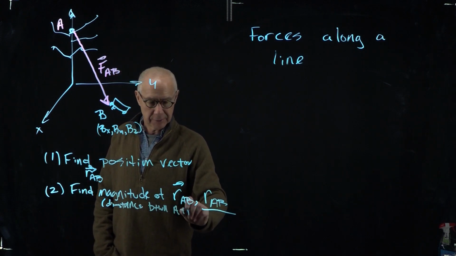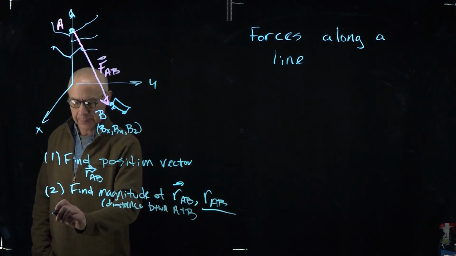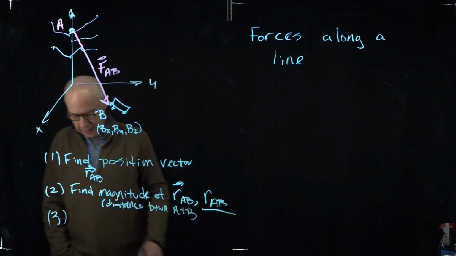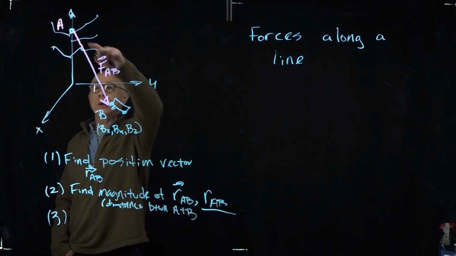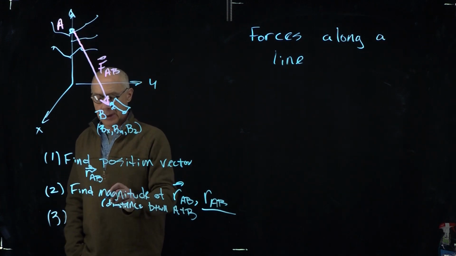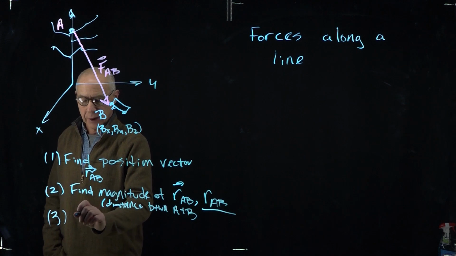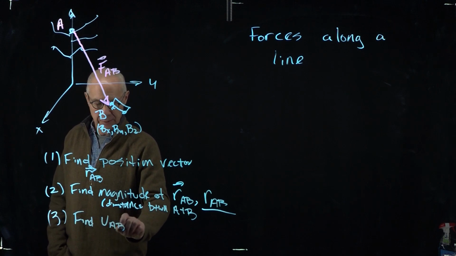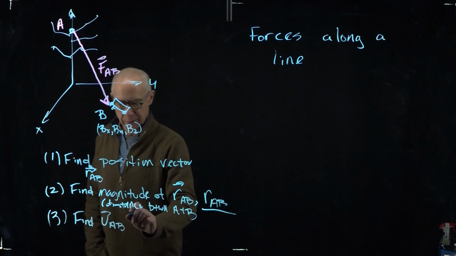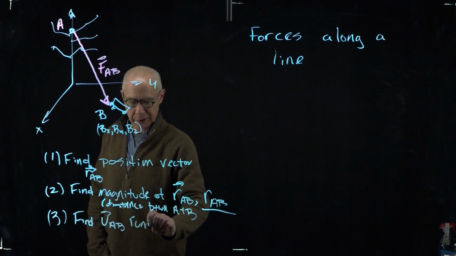All right, third step in our process is to determine a unit vector in the direction from A to B. So we're going to find a unit vector UAB right here, and I'll put in parentheses a unit vector.